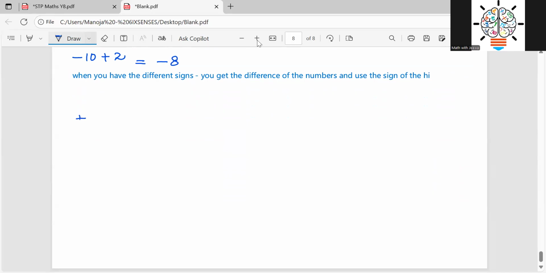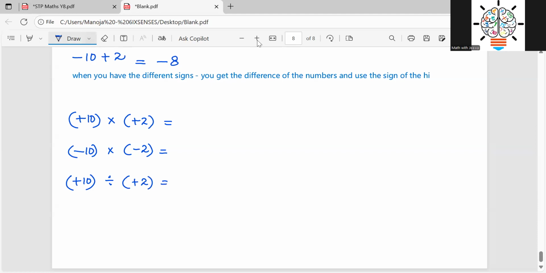If you have positive 10 multiplied by positive 2, negative 10 multiplied by negative 2, or positive 10 divided by positive 2, or negative 10 divided by negative 2, then here it is positive 20 and positive 20, positive 5 and positive 5.